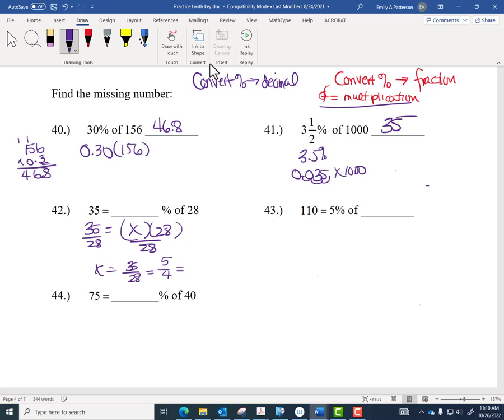So when I do that to convert it into a percent, I have to say, well, 4 goes into 5, and doing the good old long division. I wrote that wrong. 4 goes into 5 once. 1 times 4 is 4.